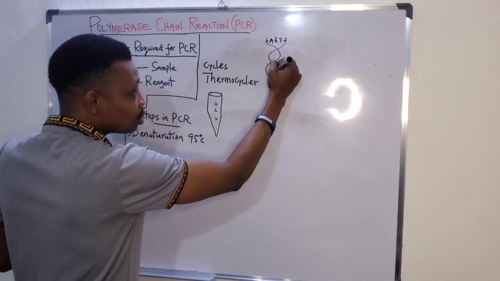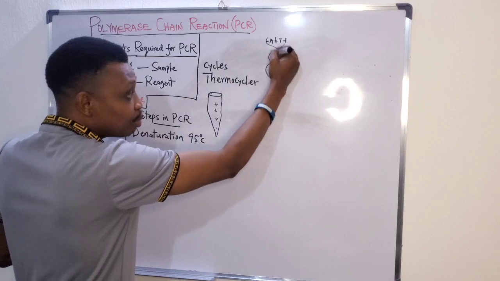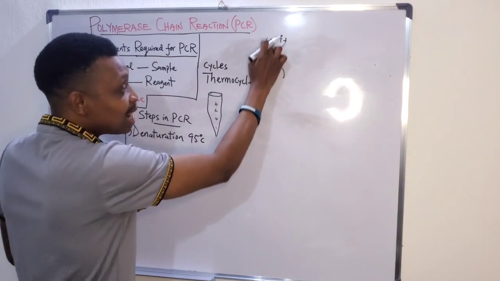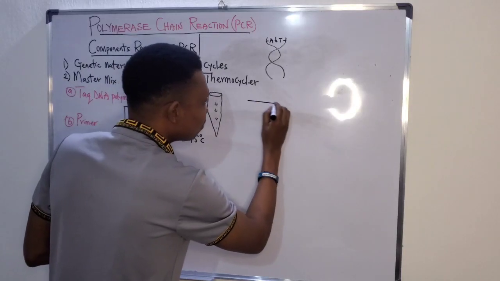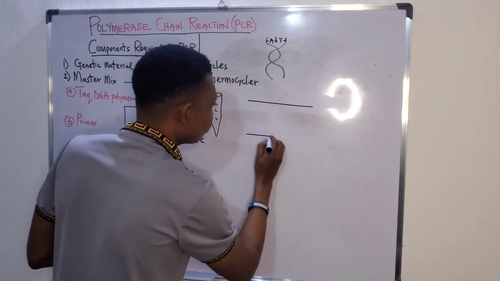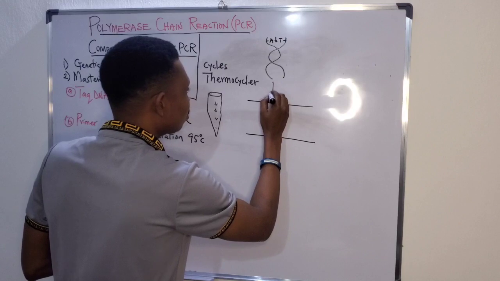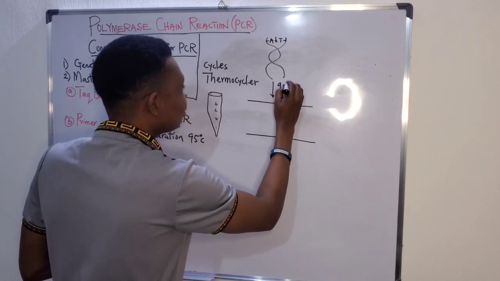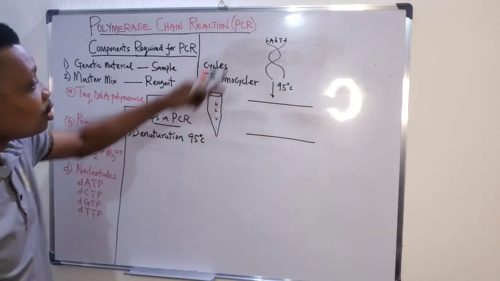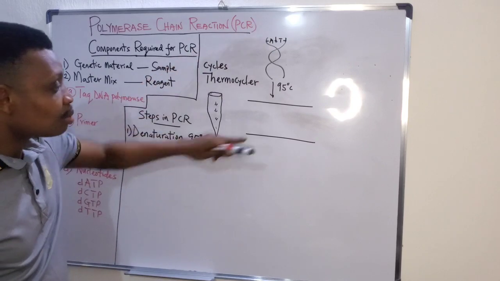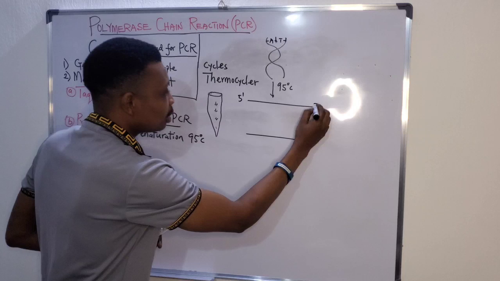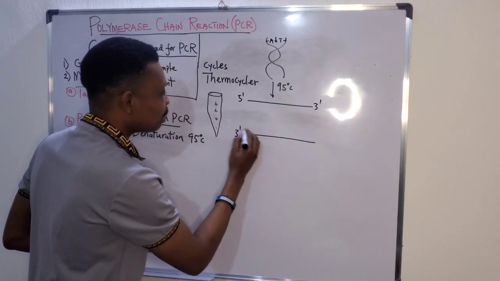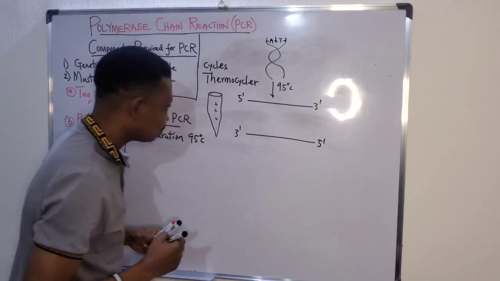All the hydrogen bonds inside the helix will be broken. And when the hydrogen bonds are broken, the strands will become separated. At 95 degrees Celsius, from this double helix, it will become separated. So this is 5 prime, 3 prime, 3 prime, and 5 prime.